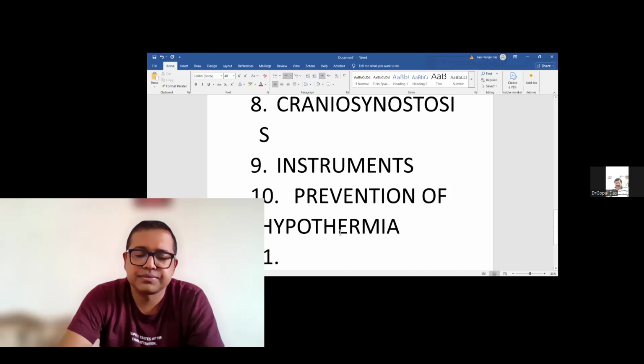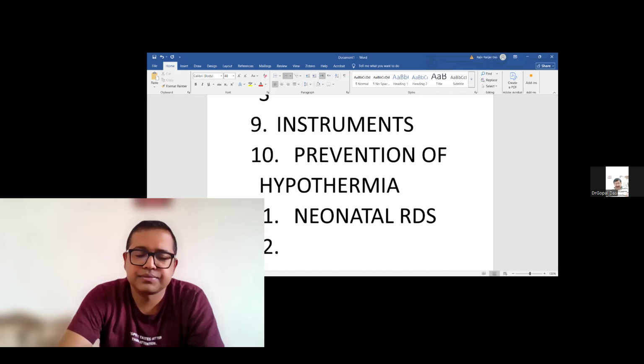Now, neonatal respiratory distress syndrome, known as hyaline membrane disease, is due to surfactant deficiency. Surfactant production starts at 20 weeks of gestation and peaks at 35 weeks. So this is important also.